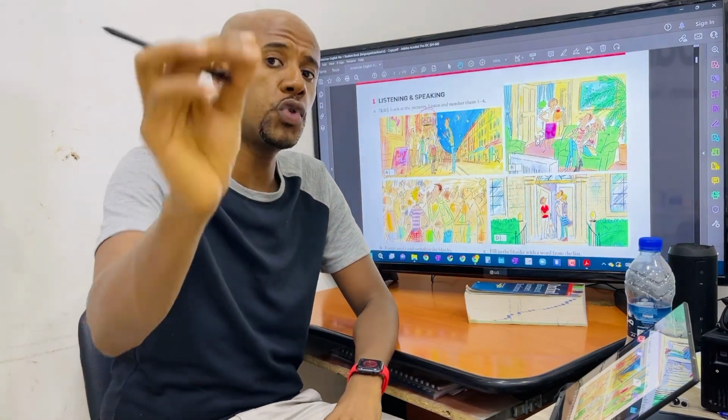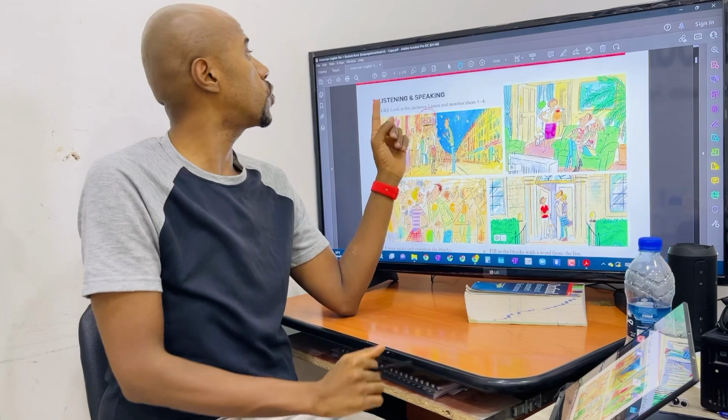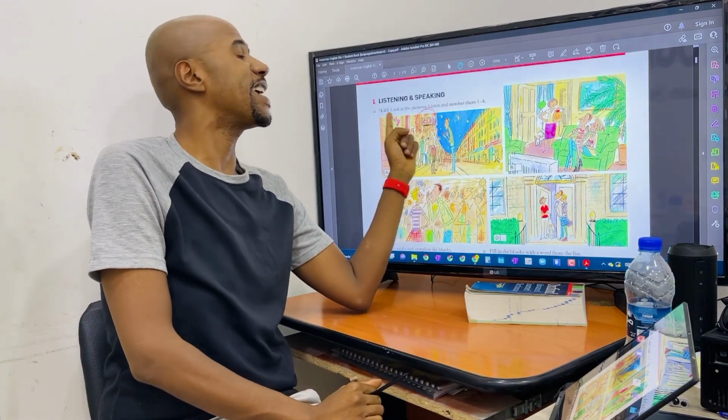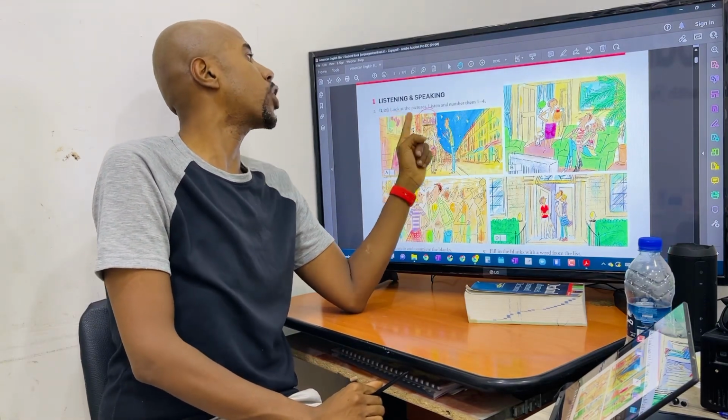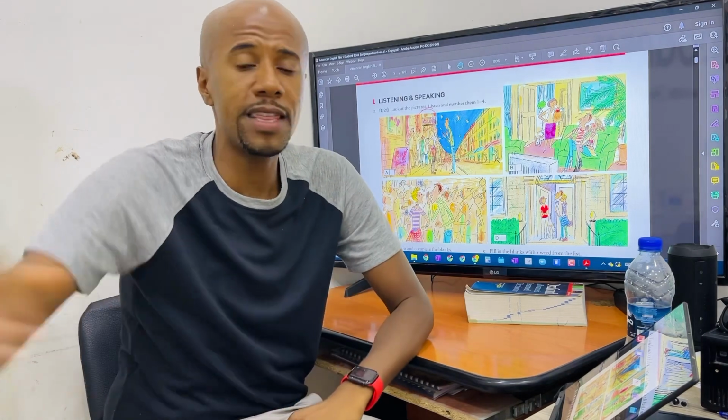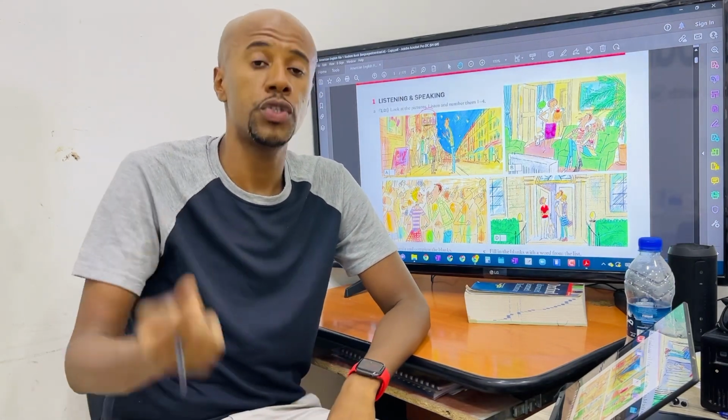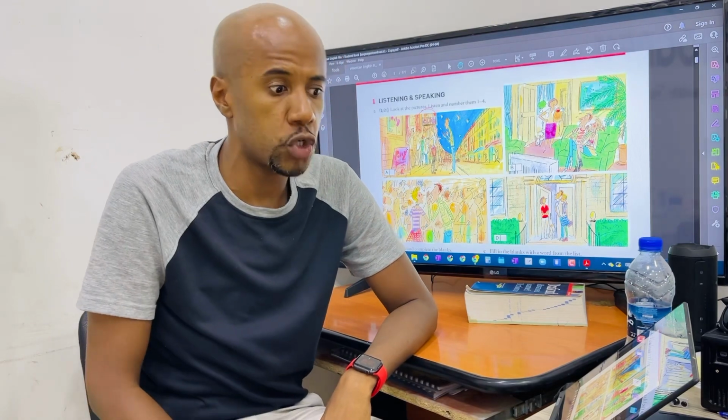It's very important to do that before you go to what is said here. So what is said here is look at the pictures, but you don't tell them to do that. You look with them at the pictures.